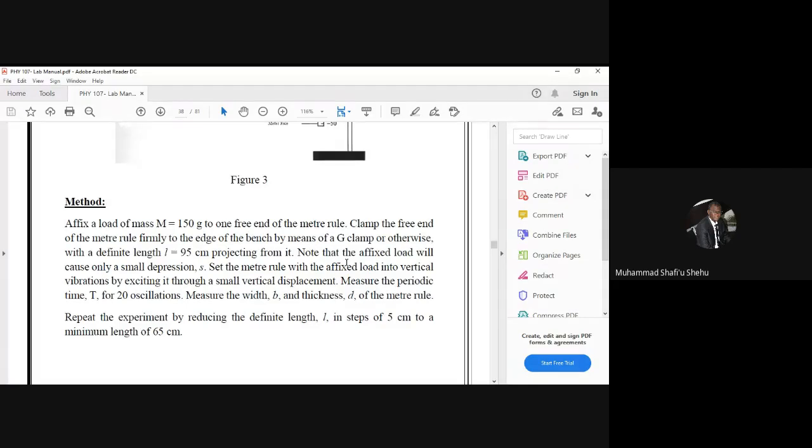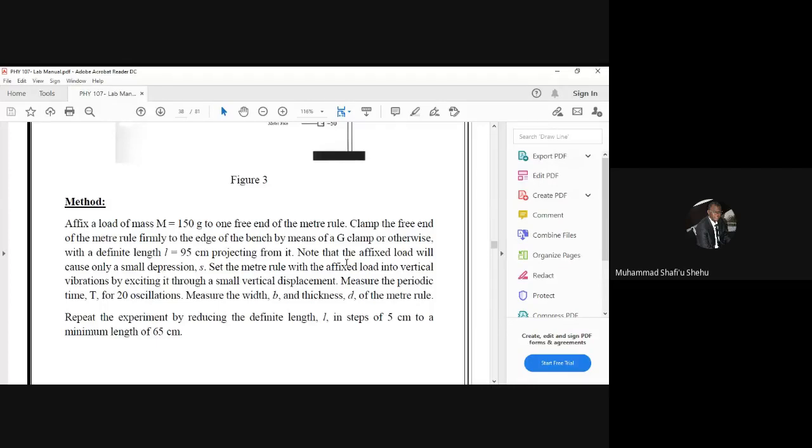Okay, and then to be sure that you're all around, Stephanie, can you continue to the next punctuation mark? Clamp the free end of the metal rule firmly to the edge of the bench by means of a G clamp or otherwise. Okay, so based on these two lines that you just read, we will need a mass or load of 150 grams.